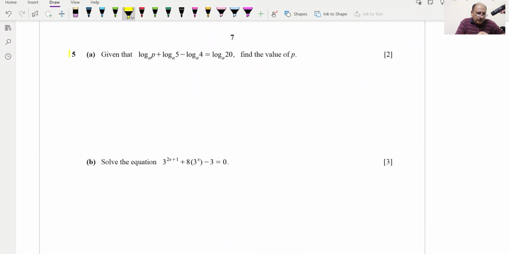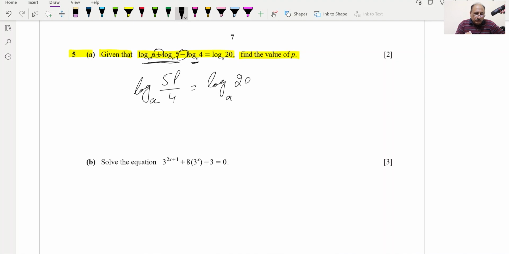Question number 5, A part: given that this one is equal to this, find the value of p. This is a 2-mark question. So what we can do, we can write this in multiplication and division format. So log with base a of 5p, p into 5, divided by 4, because this is minus and this is plus, so p and 5 will be multiplied and divided by 4, is equal to log with base a of 20.